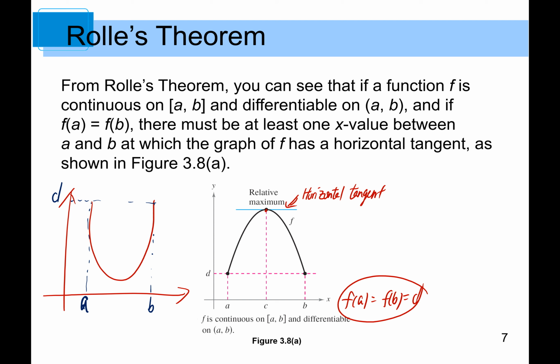As you can see, it's still continuous everywhere: continuous on the closed interval [a, b], differentiable on the open interval (a, b), and f of a equals f of b equals lowercase d. And we know that you must have a horizontal tangent here, which is the relative minimum in this case.